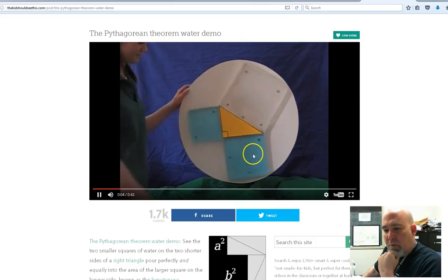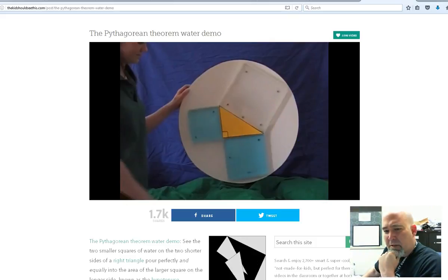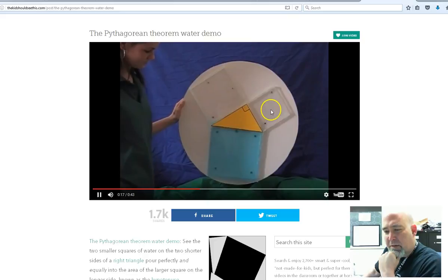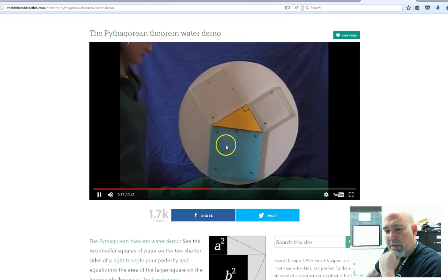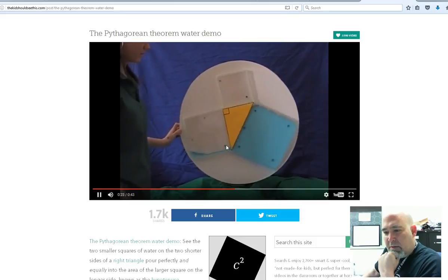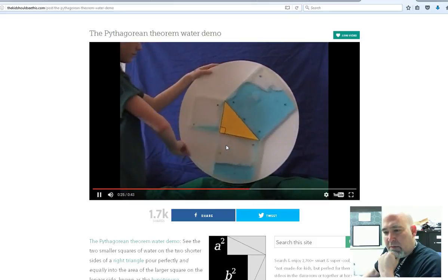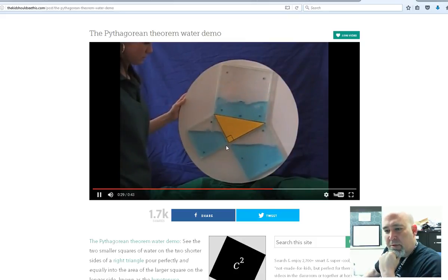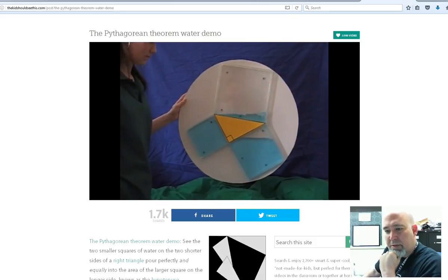So these are filled with water, and as we start draining the water into the other side, we see that it fills it up completely, so that this squared plus this squared equals that squared. Again, a nice visual showing how they are equivalent to each other.